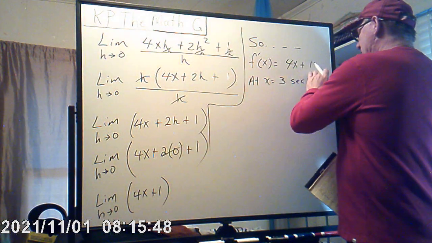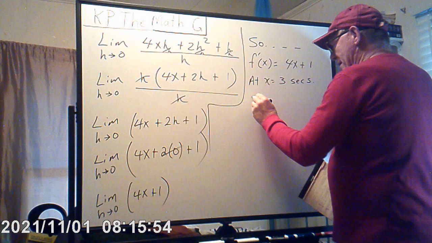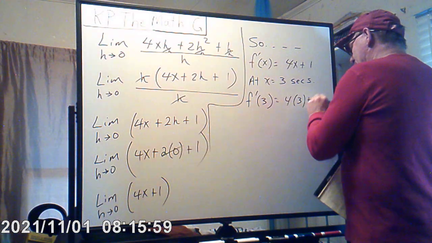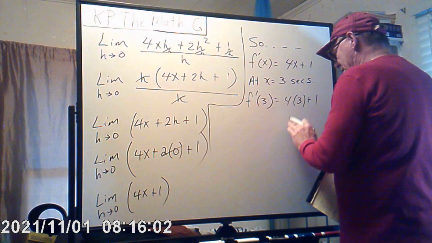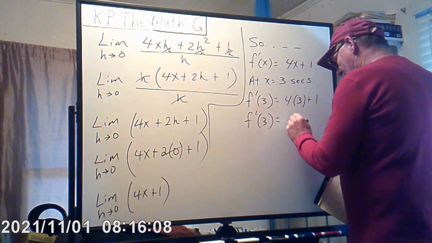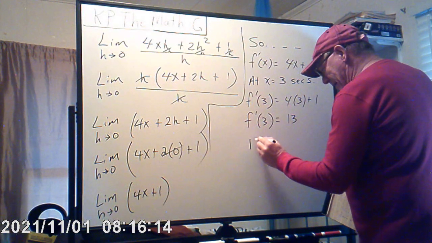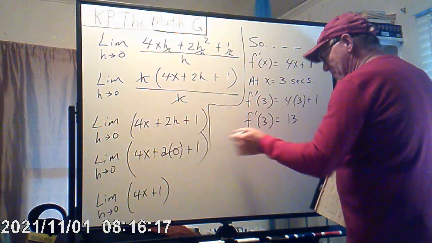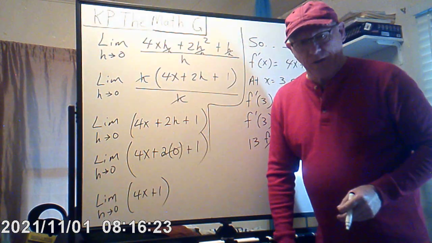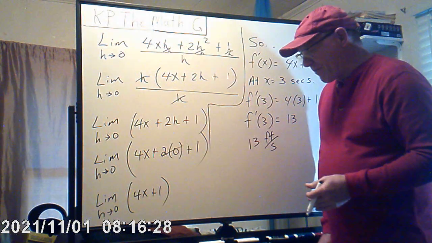This now is feet per second. So at 3 seconds we have f prime at 3 seconds is equal to 4 times 3 plus 1. That's 12 plus 1 is 13. So that f prime at 3, after 3 seconds, we've gone 13 feet. So in this case, 13, if we have this in feet per second, then it would be 13 feet per second, miles per hour, and so on if you wanted to do something like that.